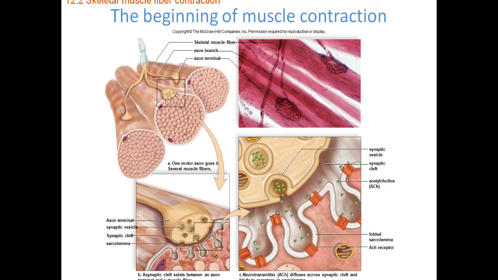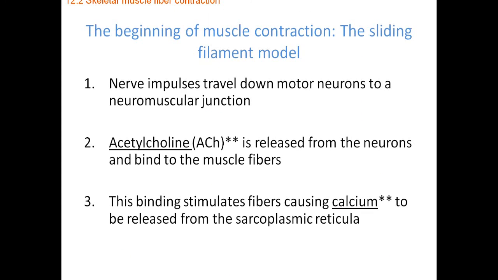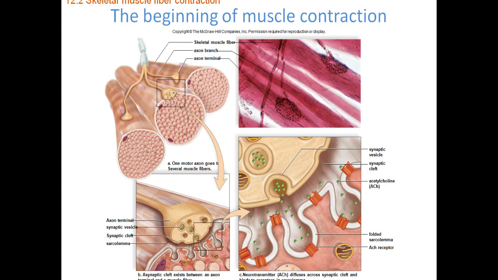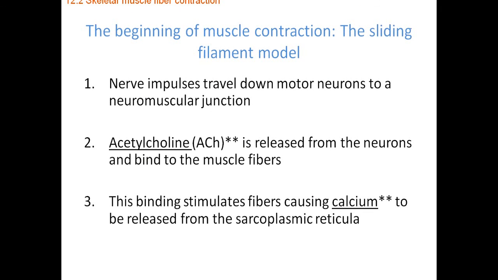So they're going to come up and they're almost going to touch the muscle. But what's going to happen is the nerve is going to tell the muscle how to contract. Okay, so the nerve impulse travels down this neuron, and then when it gets there, it's going to release a neurotransmitter called acetylcholine.